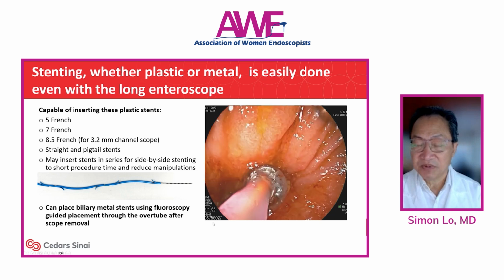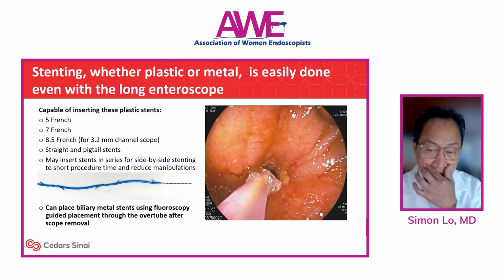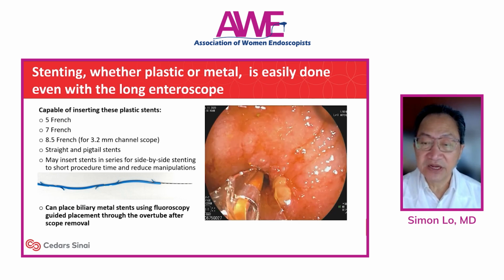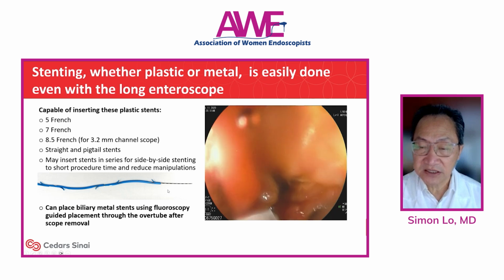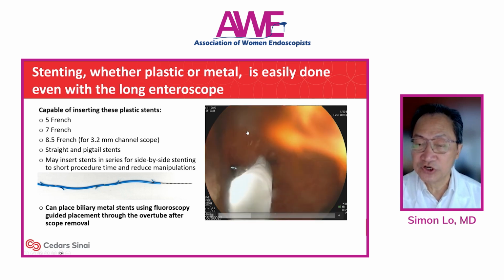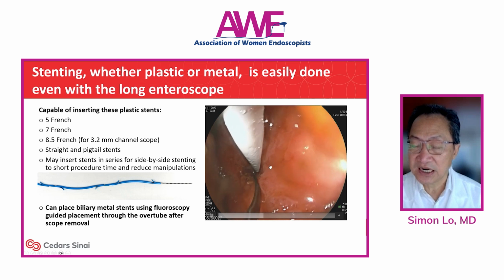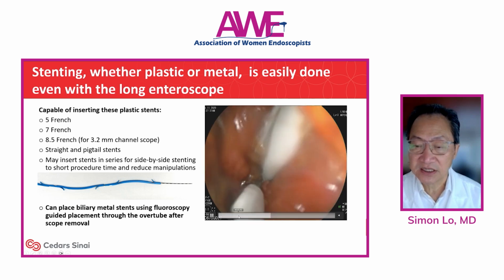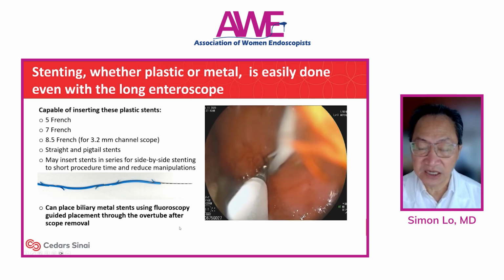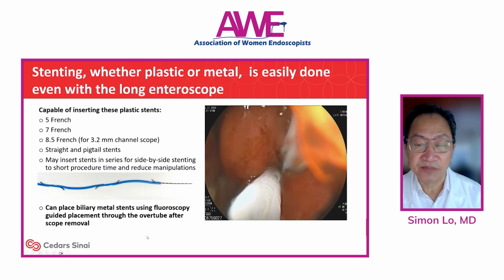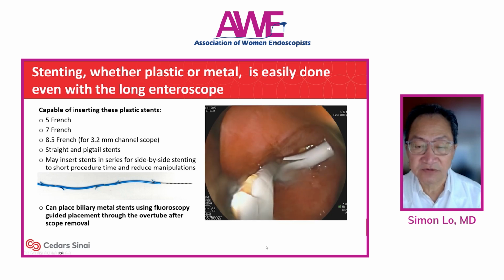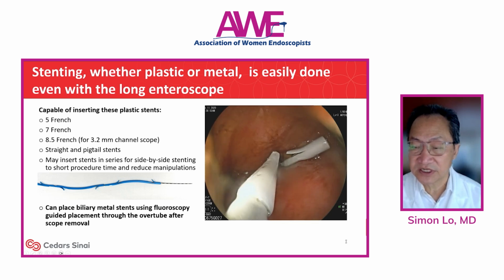Even a metal stent can be placed quite readily by leaving a guide wire in the bile duct and keeping the overtube of the endoscope very close to the anastomosis of the bile duct. And now under fluoroscopy, you can perform stenting with the various types of metal stents.